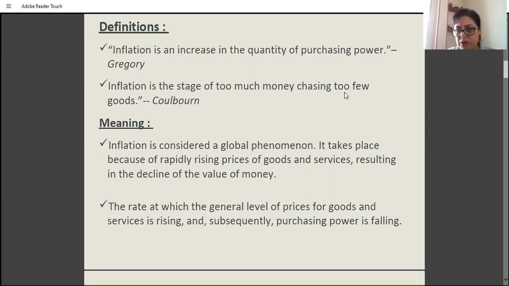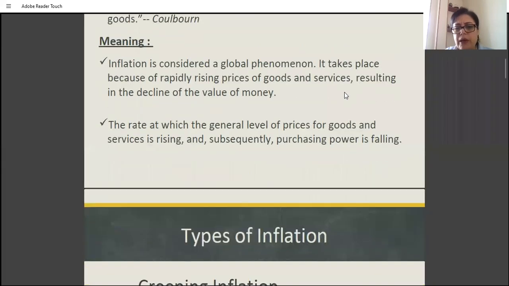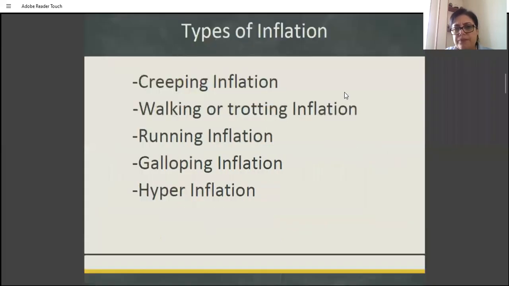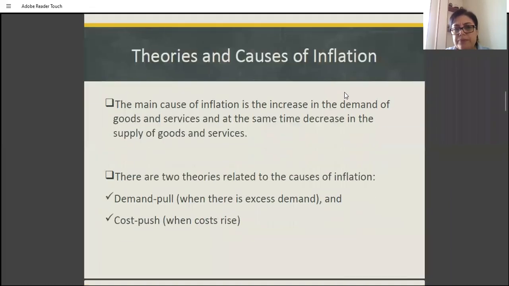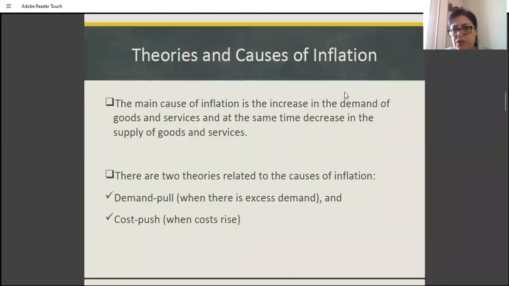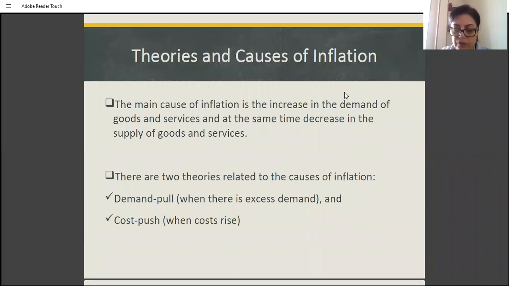We can talk about at least two different approaches to the definition of inflation. Then we have to be informed about the major types of inflation. Then we have to know how to calculate the inflation rate. Then the major causes of inflation, and the classification of theories that try to explain them.